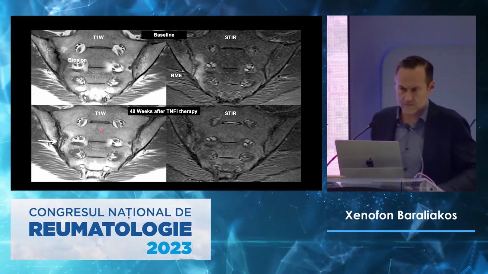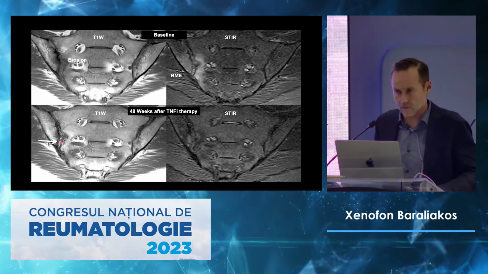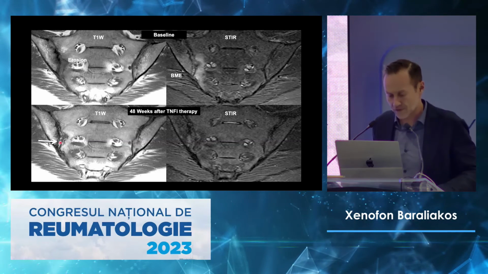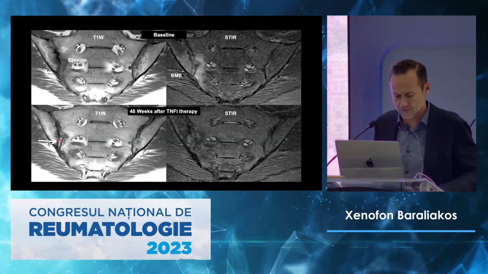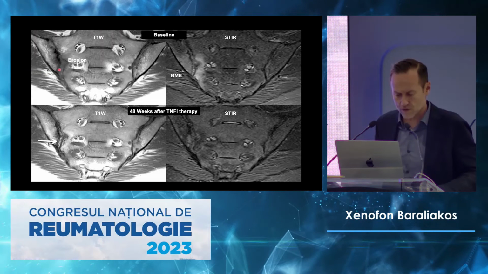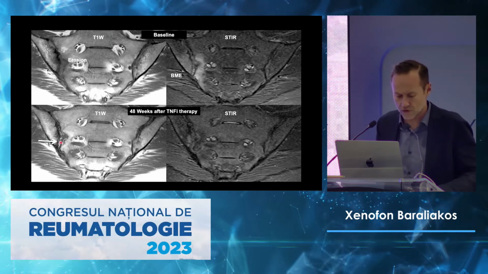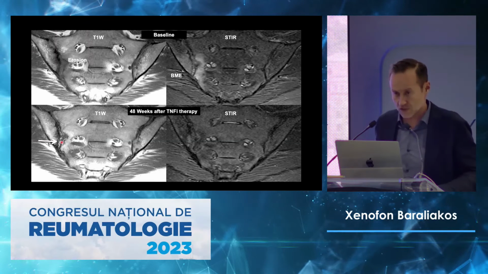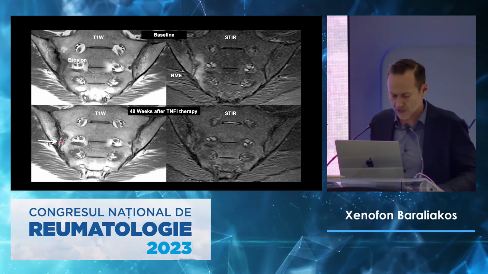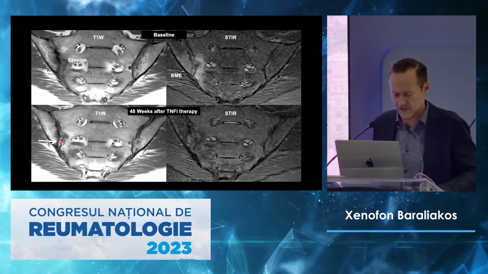We have that sign that people call backfill, or in fact, it is fat within the joint. You see that here. It was not there before. The patient was treated, was doing well, still this occurred, showing that the patient was treated late. Yeah, this will happen anyway. So this is fat within the joint.